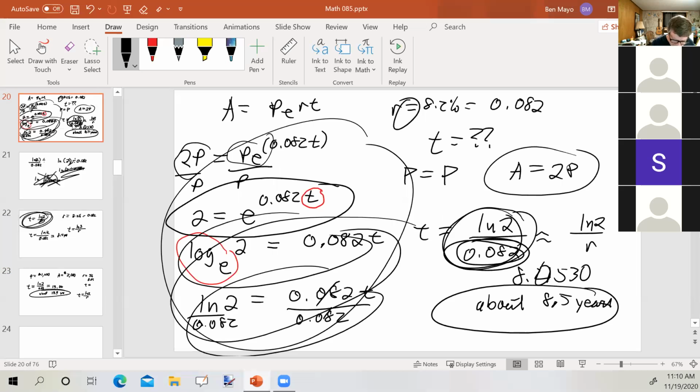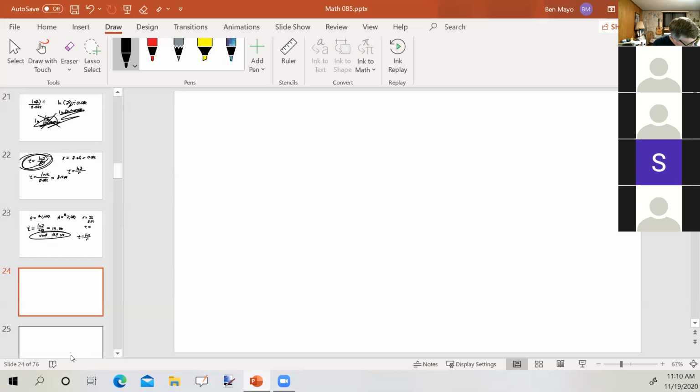Back here, let's do this one. It says triple money. Find the length of time for $25,000 to triple when it is invested at 6% annual interest. So the time would be the natural log of 3 over 0.06. Natural log of 3 divided by 0.06, and it's approximately 18.3 years.